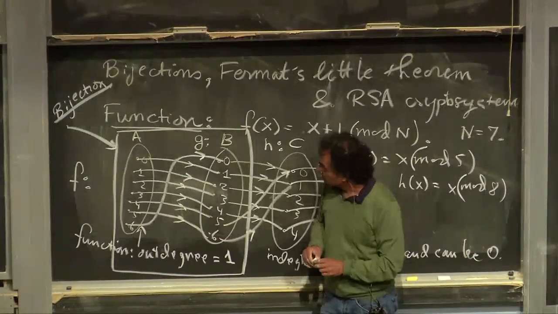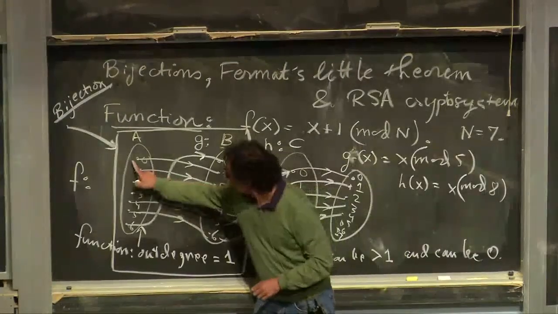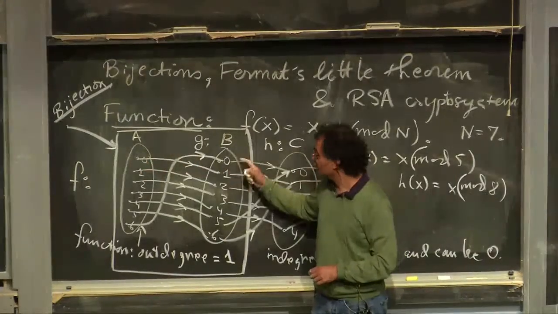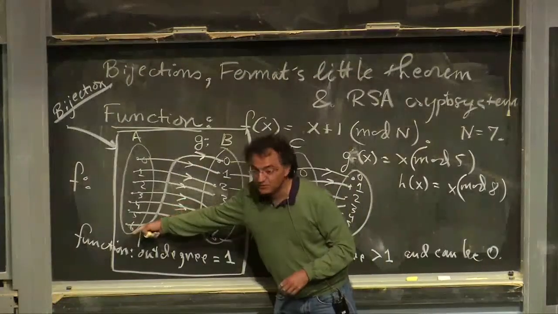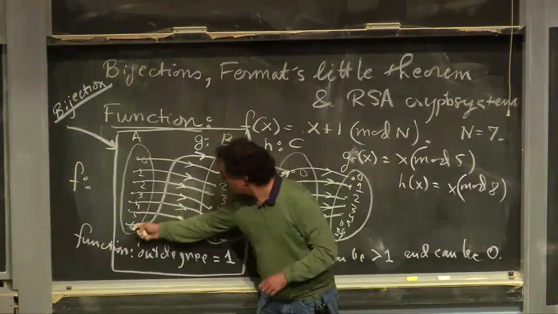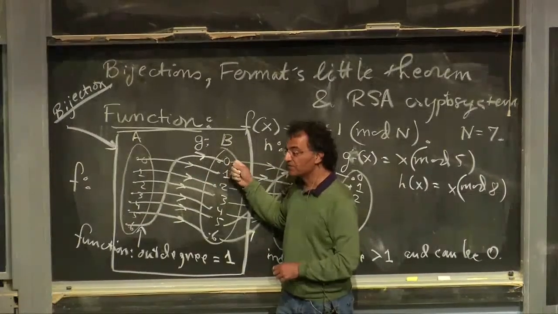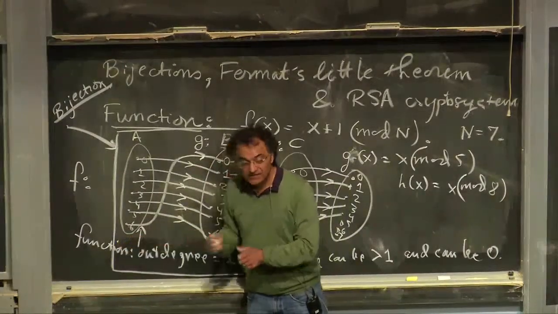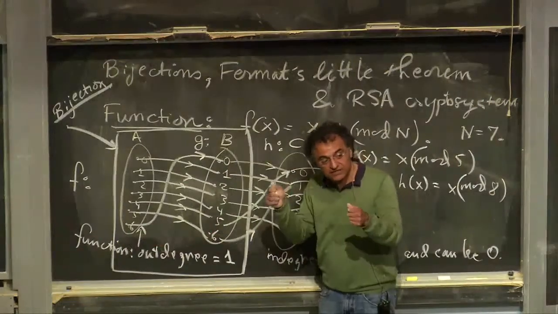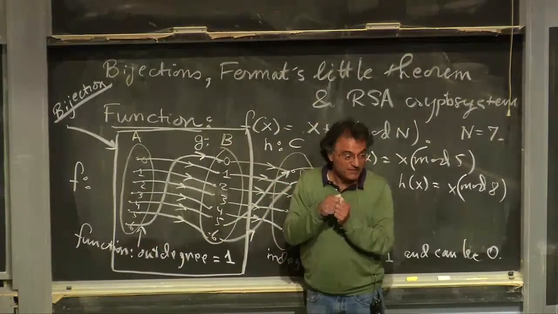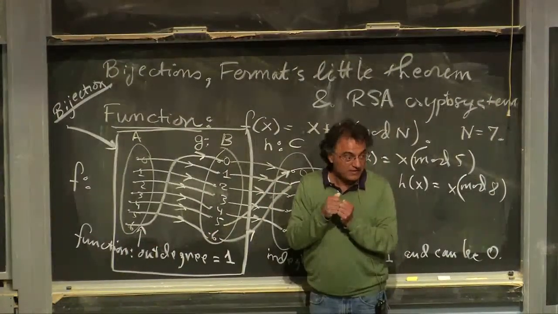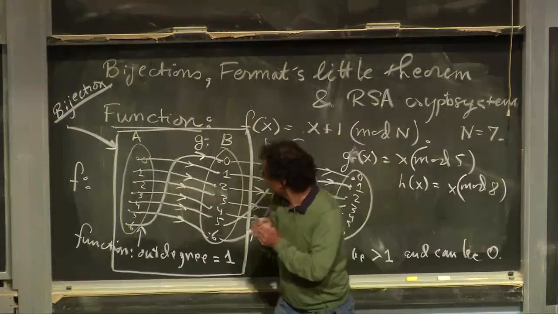So we can say, well, if there's a function f which points this way, then there's also a function f inverse that points that way. And if f maps x to y, then f inverse maps y back to x. It just takes the operation that f does and it undoes it. Right? Is that clear?